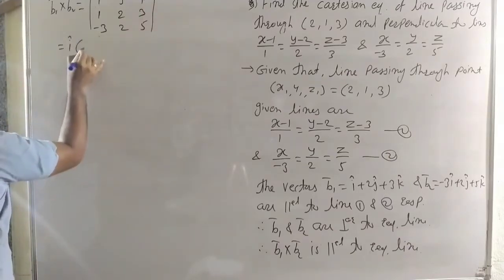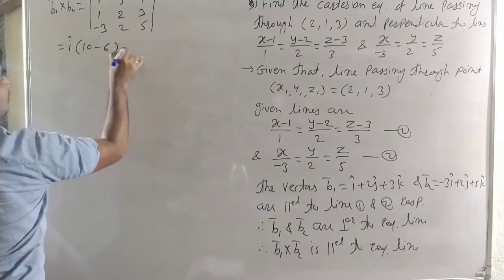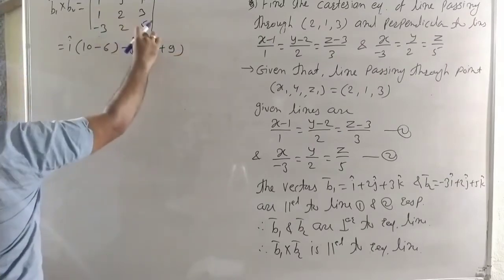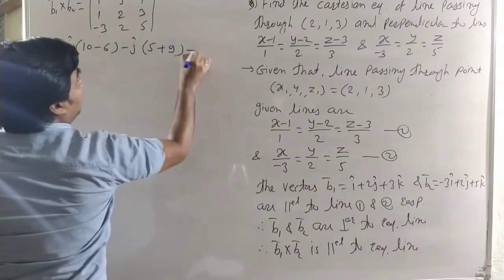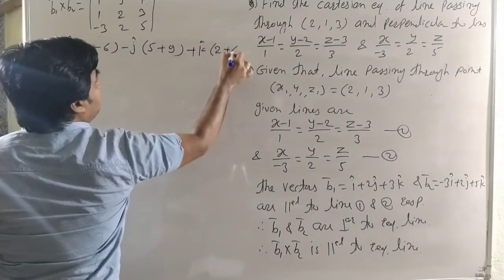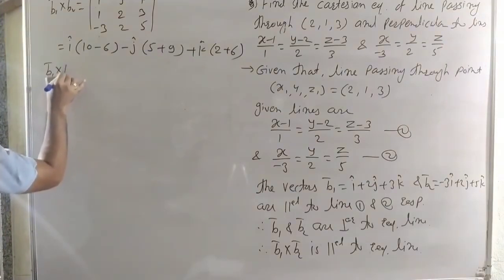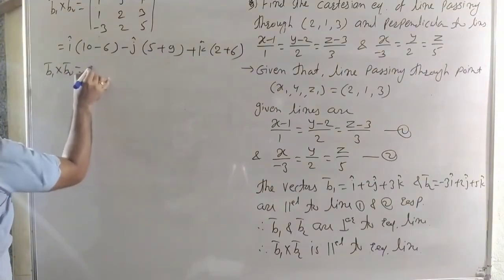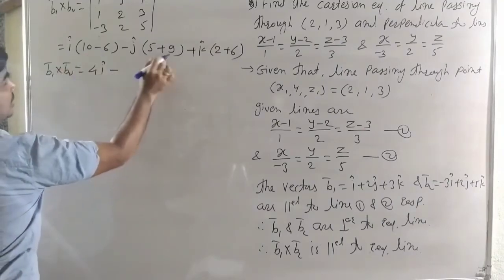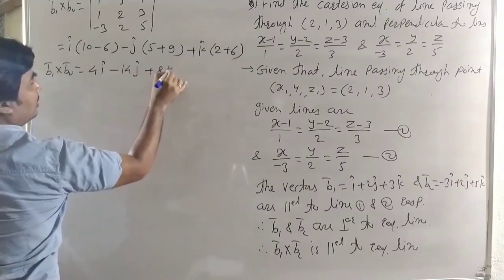It is i cap into (10 minus 6), minus j cap into (5 plus 9), plus k cap into (2 plus 6), and therefore b1 cross b2 is equal to, see carefully, 4i cap minus 14j cap plus 8k cap.